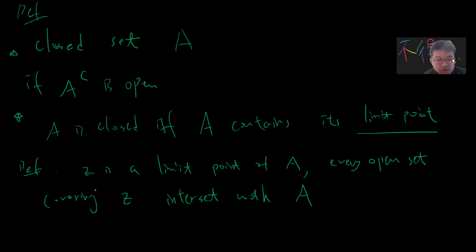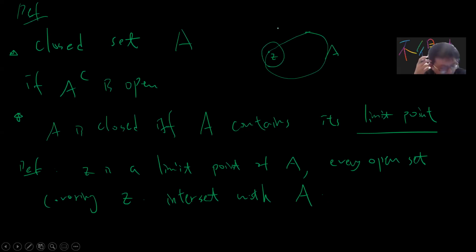So I should say, Z is a limit point of A, and this is A. That means for each open neighborhood of Z, the intersection with A is non-trivial.